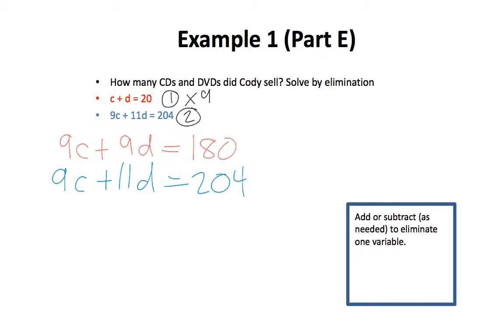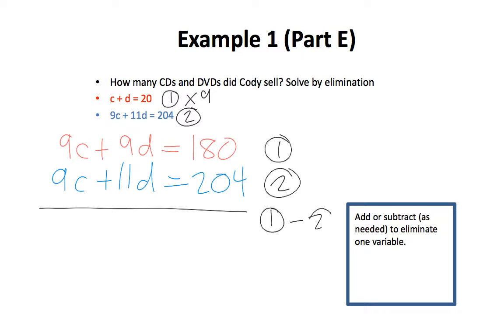At this point, you need to decide if you're going to add these two equations or subtract these two equations. I'm going to decide to subtract these two equations. If you add these two equations, you will not eliminate the variable of C. Therefore, 9C subtract 9C cancels out. 9D subtract 11D is negative 2D, and 180 subtract 204 is negative 24.